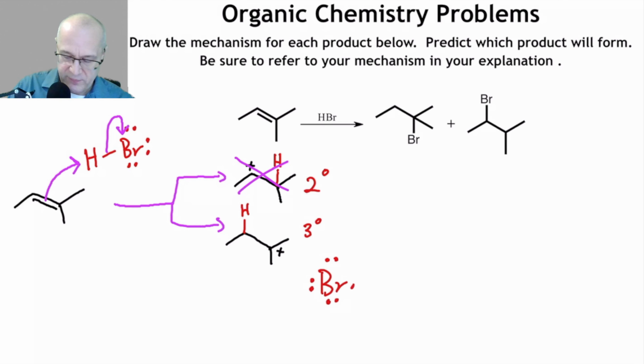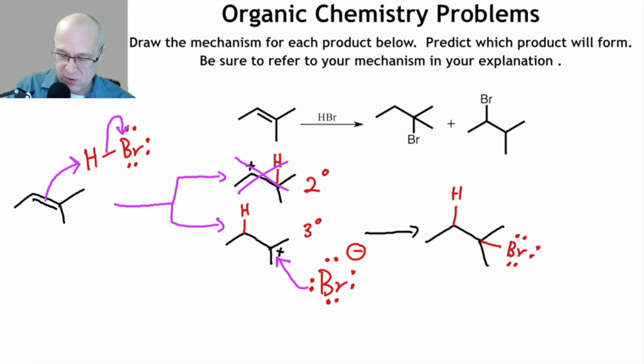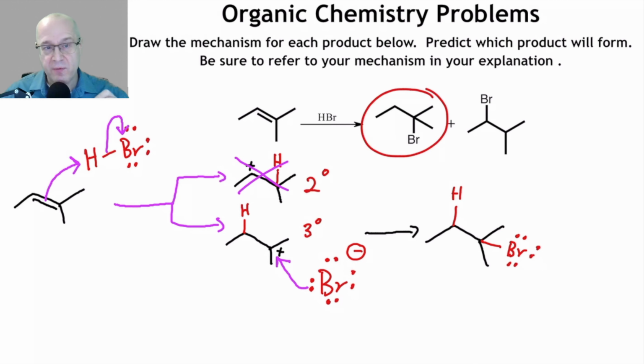Because there's no other nucleophile in this reaction, the bromide attacks the carbocation, forming the product. And it's all because of Markovnikov's rule, which is all because of cation stability, which you already know all about. So you're not really learning anything new. All you're really learning is a new application of what you've already learned.